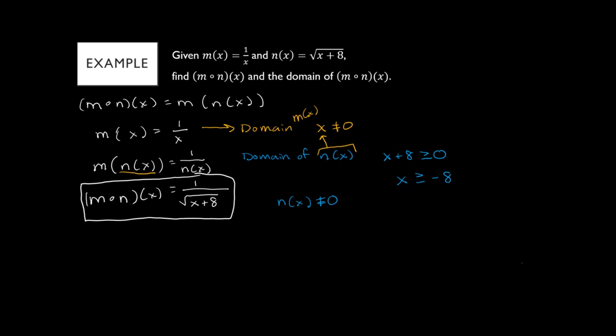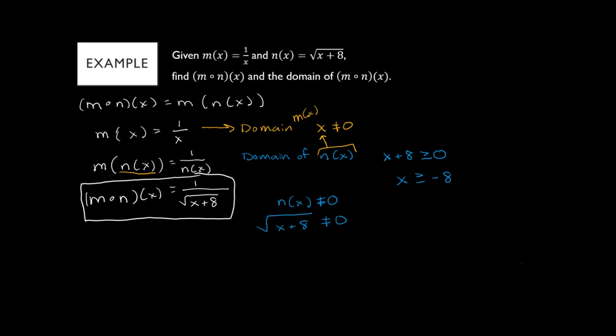Now we're plugging n into m, so I replace the x with n of x. For the domain, I get n of x cannot equal 0. So now I replace and find what n of x is, so that's the square root of x plus 8, and that cannot equal 0.